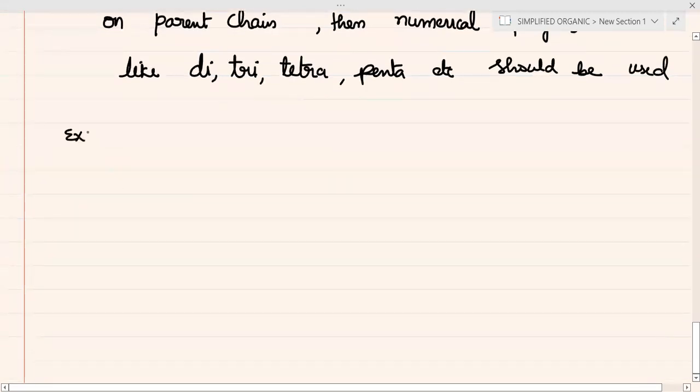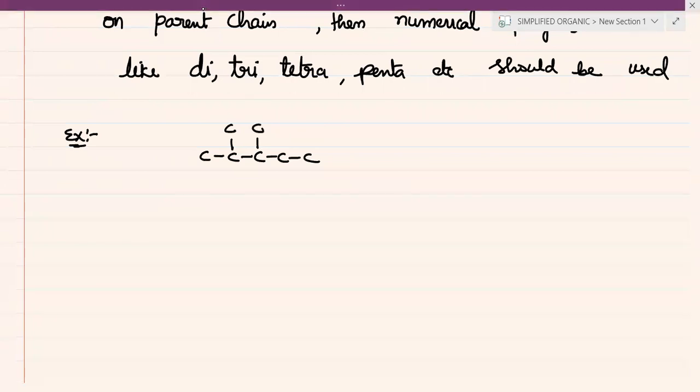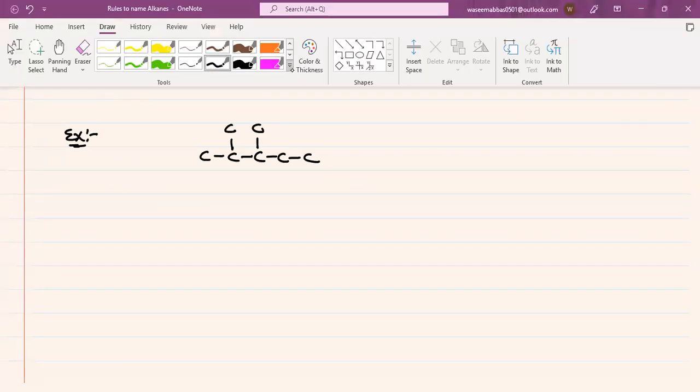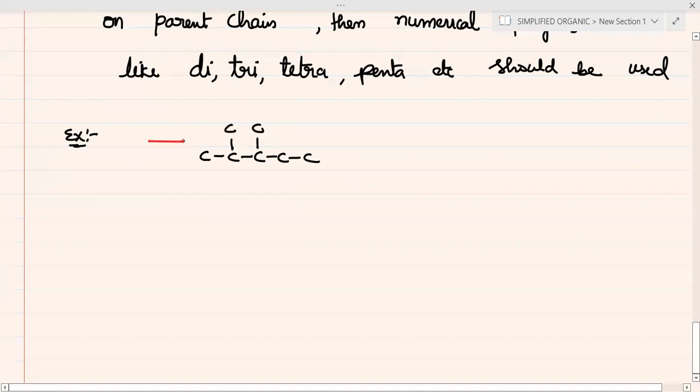Like for example, I have this parent chain and here I have a methyl. So now think, from which direction should I number this? From this direction. This is 1, 2, 3, 4, 5. So at the second position is methyl, at the third position also it's methyl. So 2 times the methyl is acting as a branch here.